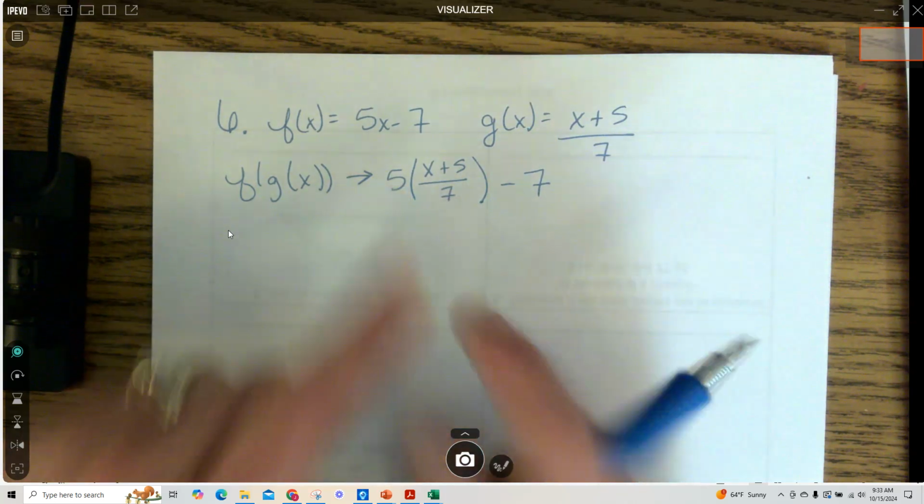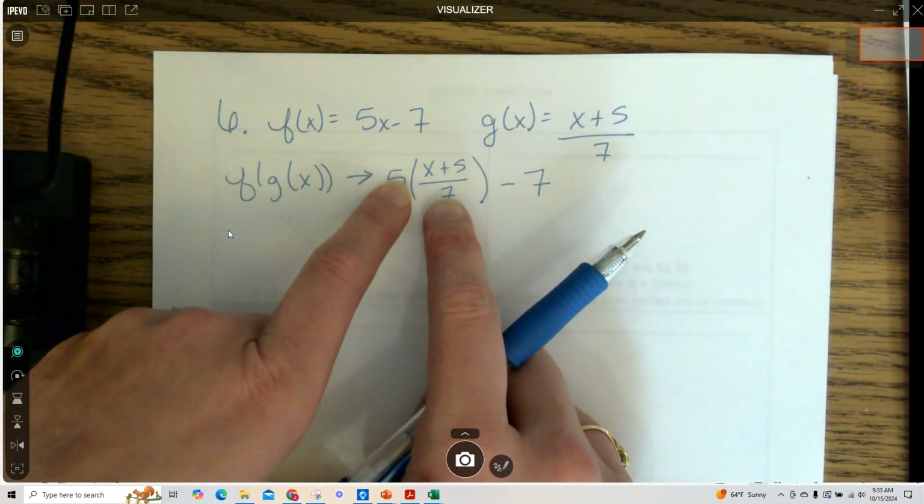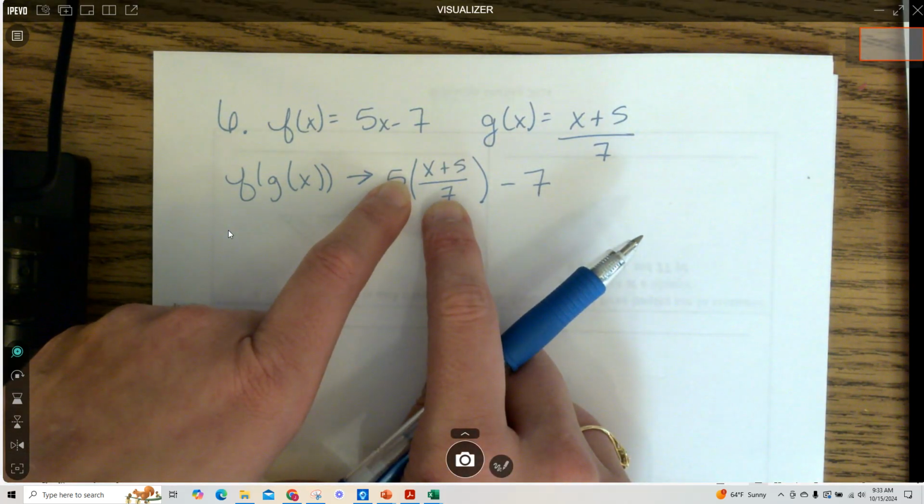There's no way we can simplify this down to an x.